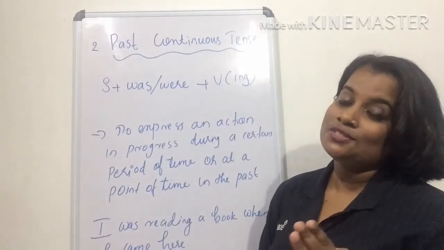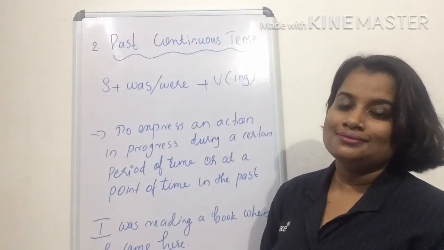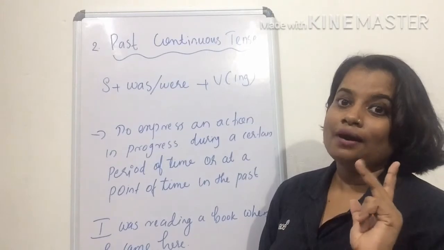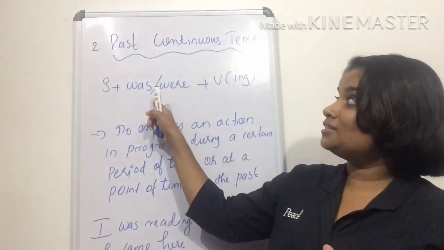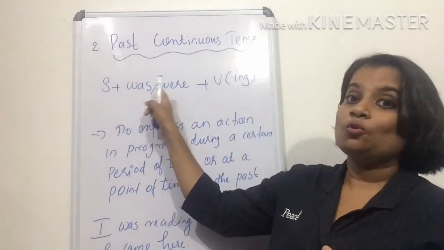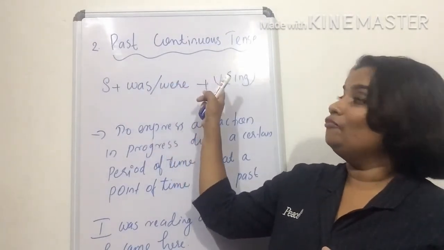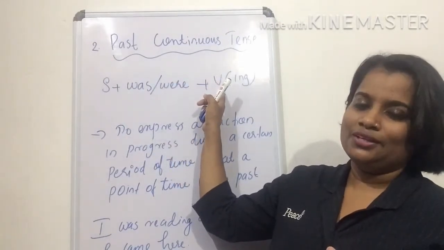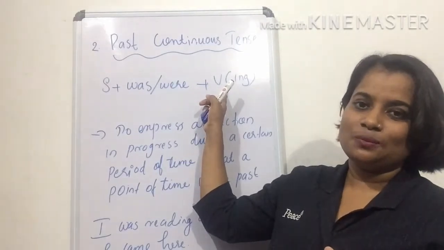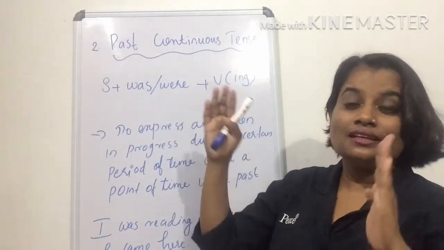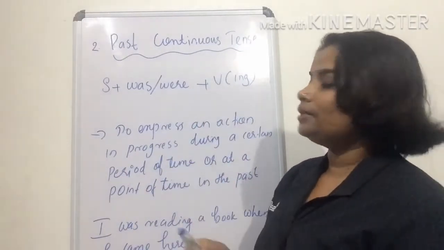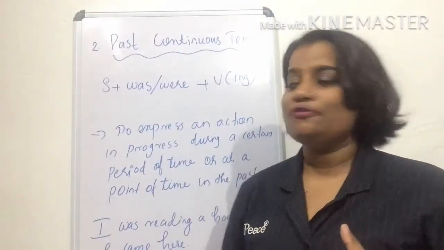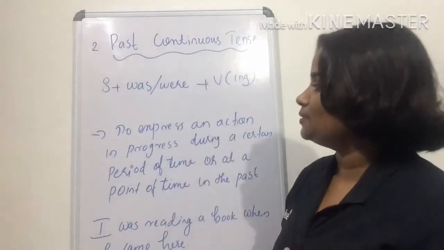In the present tense, we use is, am, are plus verb ing. But in the case of past continuous tense, was or were plus the verb ing form. So that's why I'm telling my dear children, please listen very carefully. It's quite interesting. Okay, let us see what the uses of past continuous tense are.